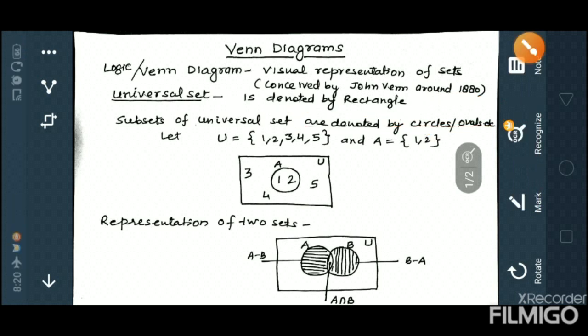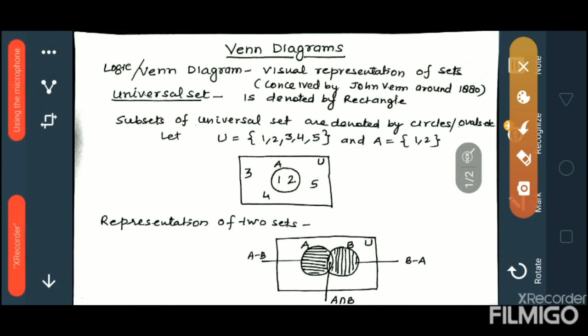So let's have a look at an example. Let U is equal to 1, 2, 3, 4, 5 and A is equal to 1, 2. So here this is a representation.